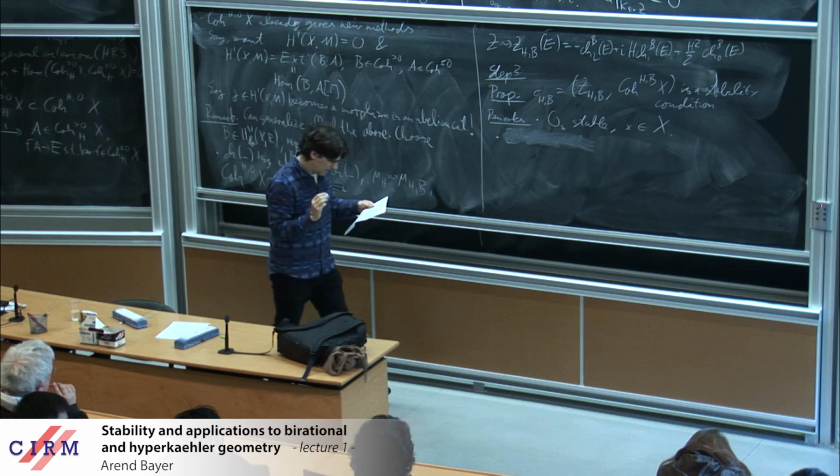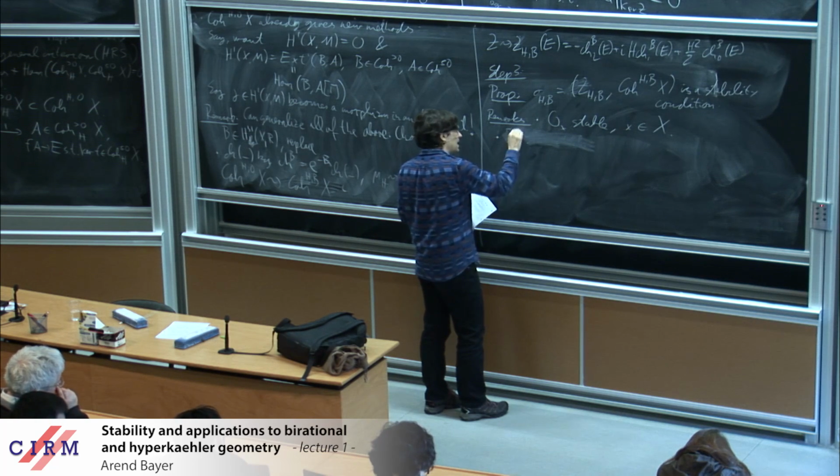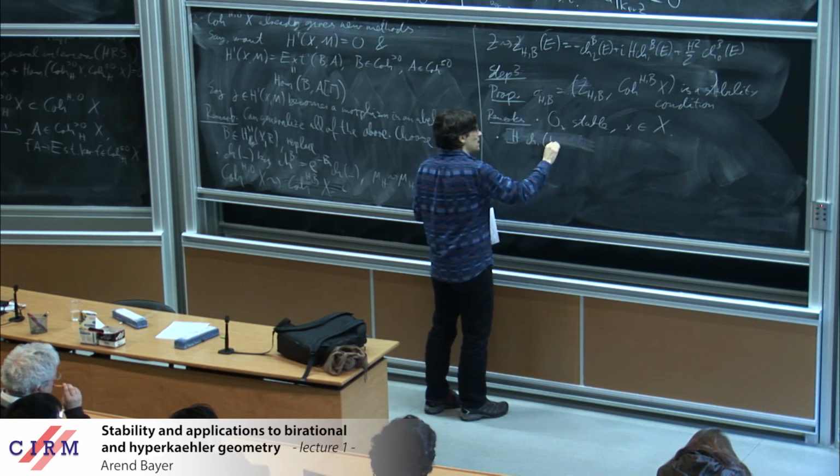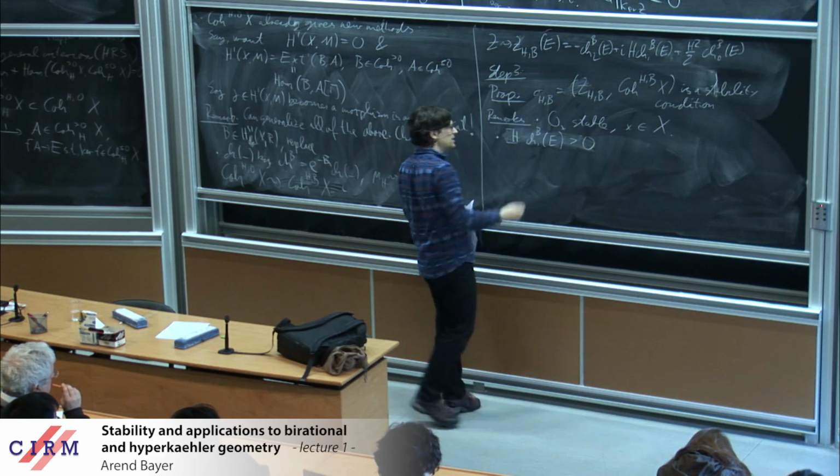let me rewrite this a little bit. Let's say I have H·ch_1(E) positive, also after this twist.